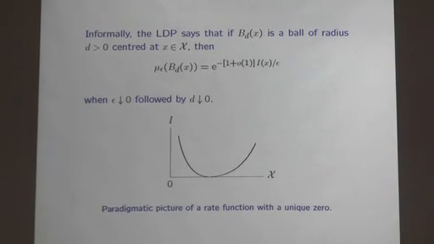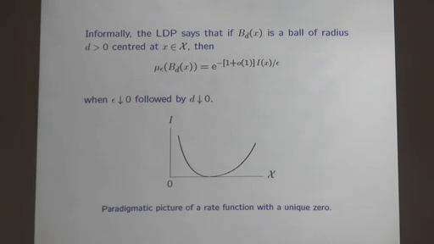So many things are possible, but very often, and certainly in that very classical situation that I mentioned before, the rate function always looks something like that. And the minimum is supposed to remind you of the law of large numbers, and somehow the curvature near the minimum is supposed to remind you of the central limit theorem, and this is the kind of paradigm picture.